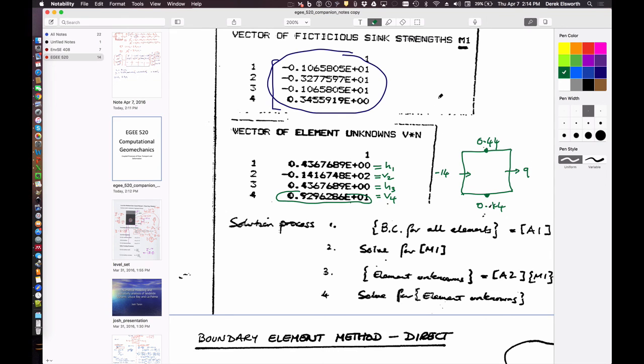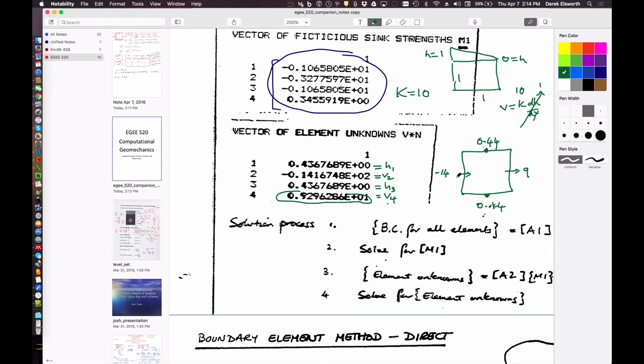And so I think this case is a case where it's 1 by 1. The upstream head is equal to 1, downstream head is equal to 0. And I think hydraulic conductivity in the equations is equal to 10. And so if you use Darcy's law to calculate V equals K dH/dx, this is equal to 1, this is equal to 10.